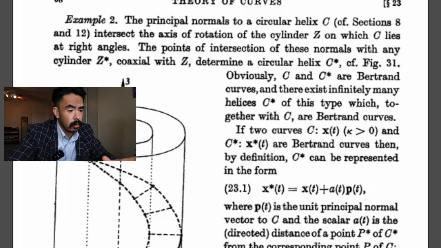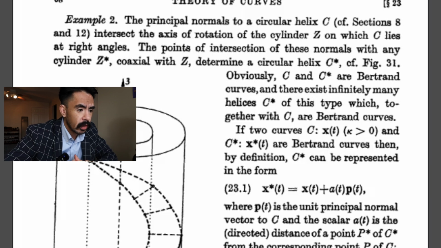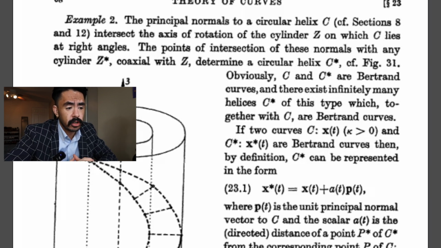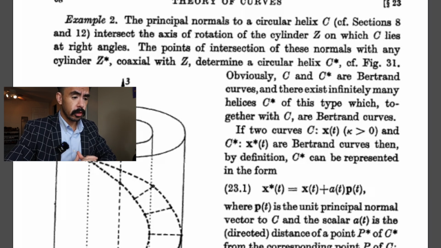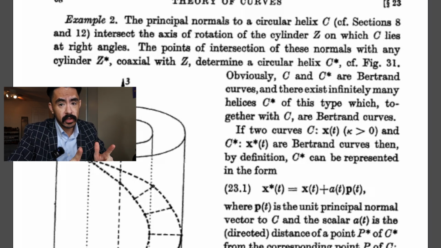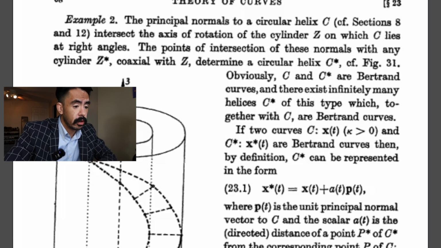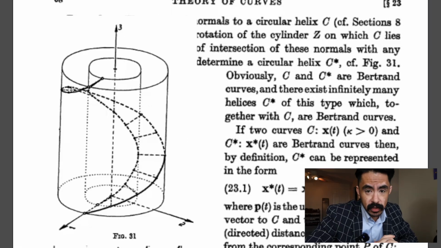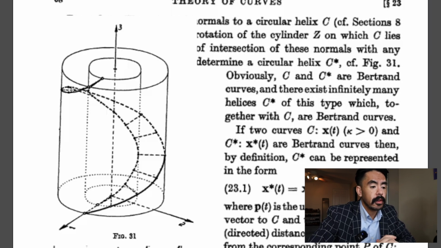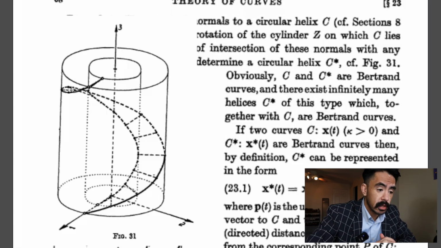So the principal normals to a circular helix C intersect the axis of rotation of the cylinder Z, on which C lies, at right angles. The points of intersection of these normals with any cylinder Z star coaxial with Z determine a circular helix C star as shown in figure 31. Obviously, C and C star are Bertrand curves, and there exist infinitely many helices C star of this type which, together with C, are Bertrand curves.